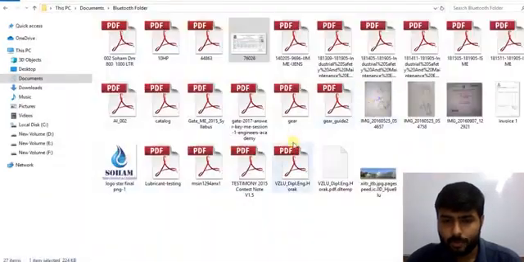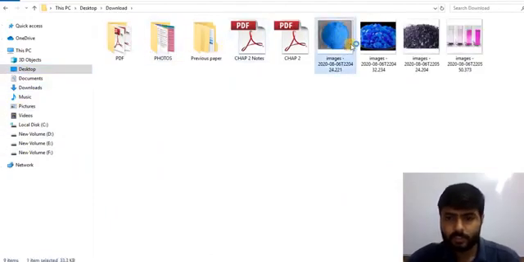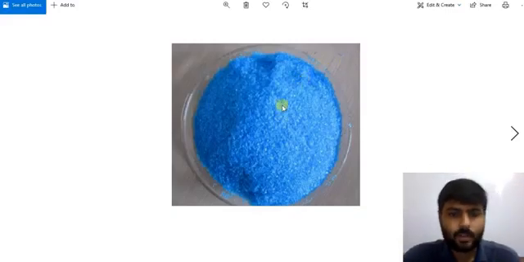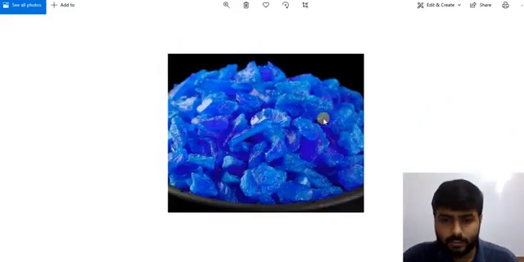So, copper sulfate powder, we can see here. This is copper sulfate powder. This is crystals of copper sulfate.